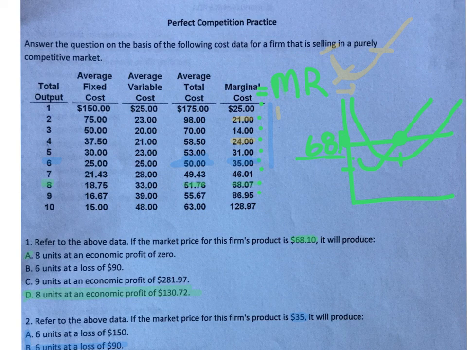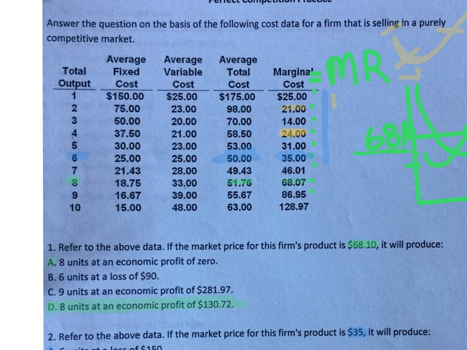Again, I stipulate this is a confusing issue. So what you need to know is you won't see one like this on the test. But the best answer here is that you're going to produce where your marginal cost is exactly equal, which is at $24, and that is a total output of 4.